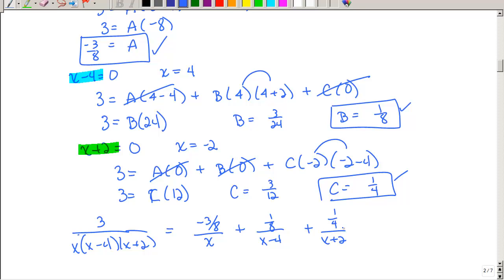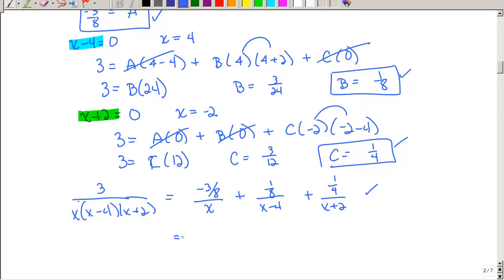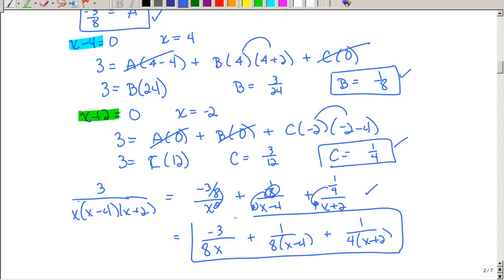And you could leave it like that. Again, you could stop with just solving for the constants. You can rewrite the fractions like that, but that's going to be ugly. How most people would write this is negative 3 over 8x, bringing that into the denominator, plus 1 over 8 times x minus 4, again bringing that into the denominator, plus 1 over 4 times x plus 2. That just looks a little bit nicer.